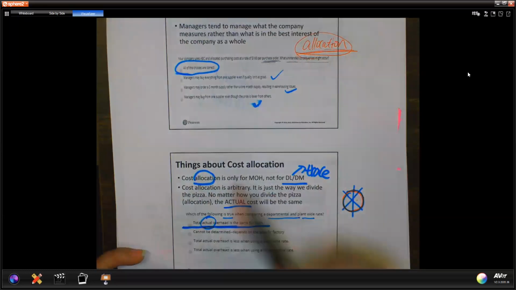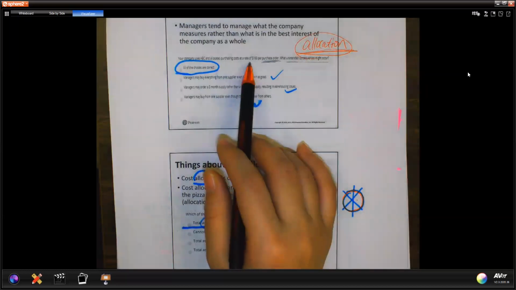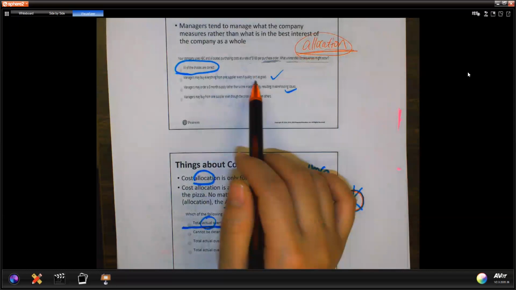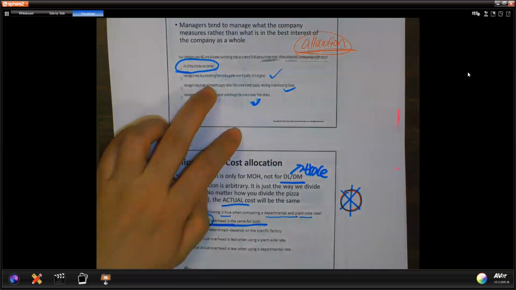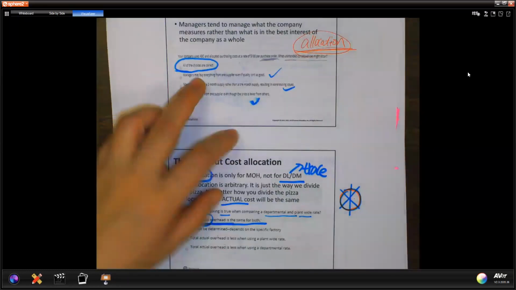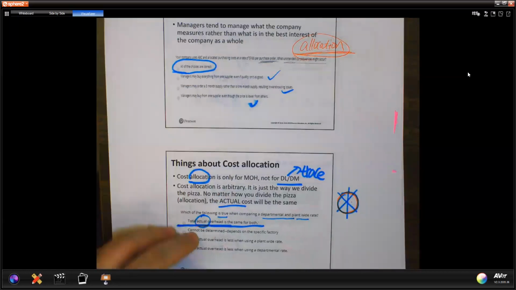If their bonus is based on the times they place orders, they may place fewer orders, or combine orders, even though the quality may not be that good. So there are just different unintended consequences, and all of these choices are examples.